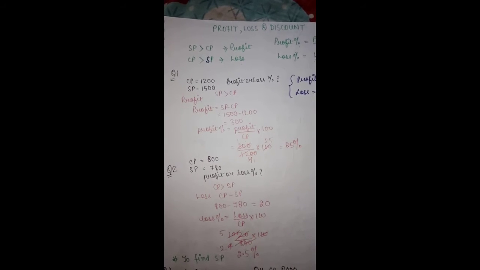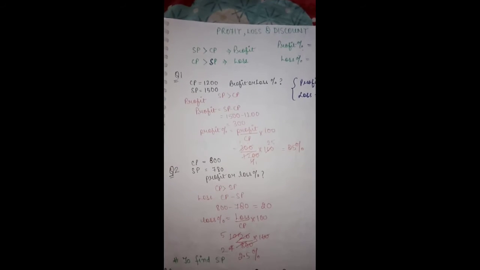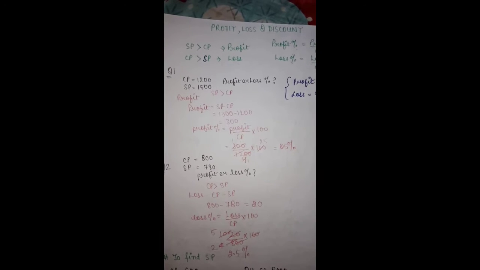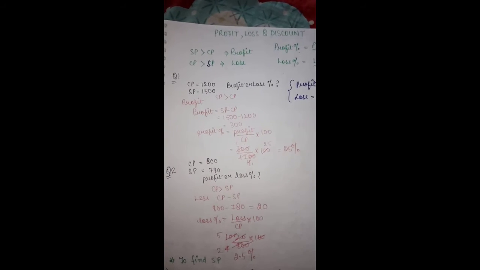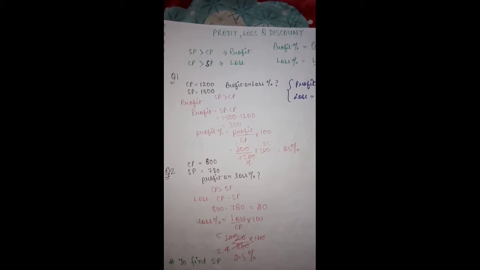Our first question is, if the cost price is 1200 and the selling price is 1500, do we earn a profit or loss, and what is the profit or loss percent? See, in this case selling price is greater than the cost price, so we have earned a profit.